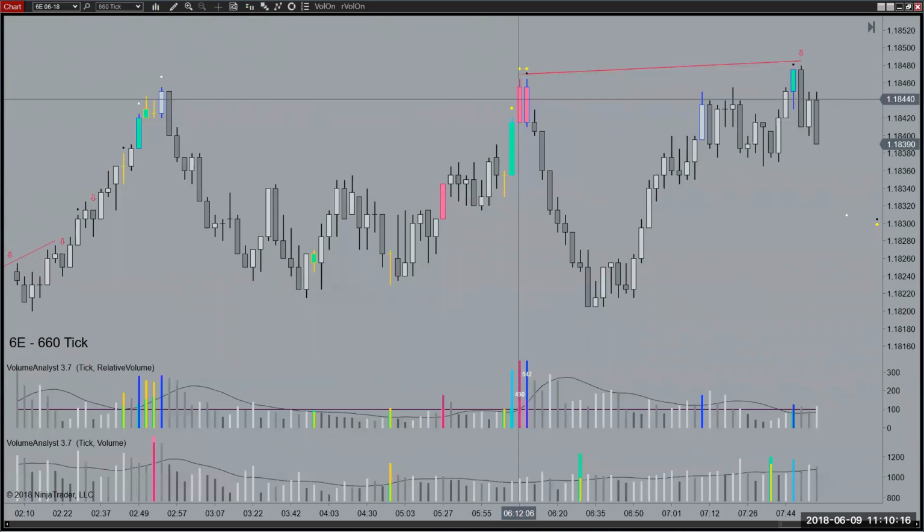For the relative volume, we're looking back at the typical or the average amount of volume that trades for that time period over the past several days. So I could look at just that 30-second period over the past few days, do that average, and then compare this volume to that average. But in order to get the signals in real time before the bar closes, I have to project how long it's going to take that bar to build.